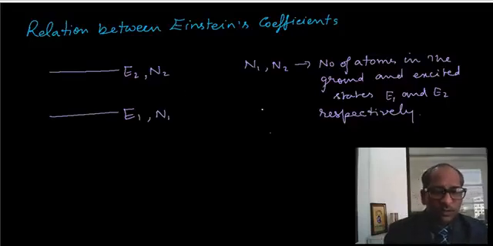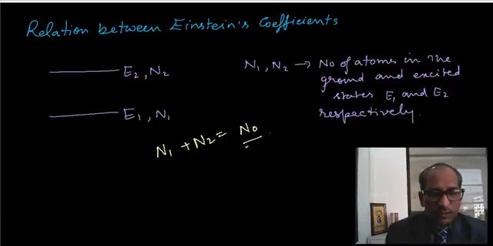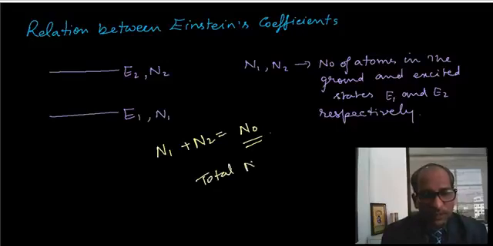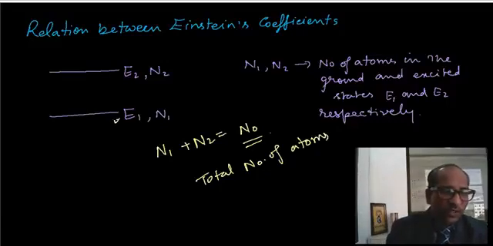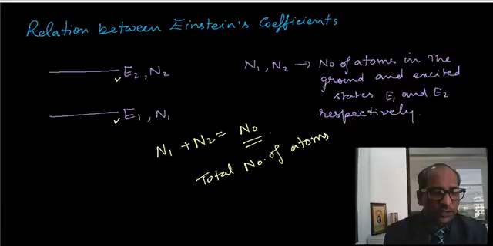So this is the primary assumption, and as you know, N1 plus N2 is equal to N0, where N0 is the total number of atoms, which are distributed in the E1 energy state and E2 energy state.